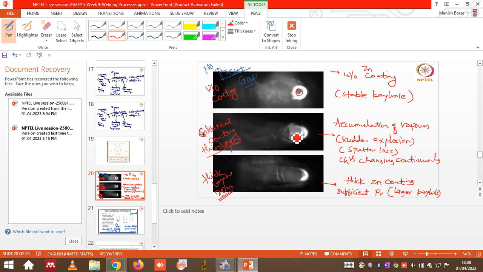The keyhole size won't be uniform, and we can expect a sudden explosion during the escape of the vapors through the keyhole, right? Because of that, weld bead geometry as well as keyhole characteristics will change continuously. It closes the keyhole once the pressure is released, and again the pressure builds up after sufficient vapors accumulate. So the keyhole characteristics are continuously changing.